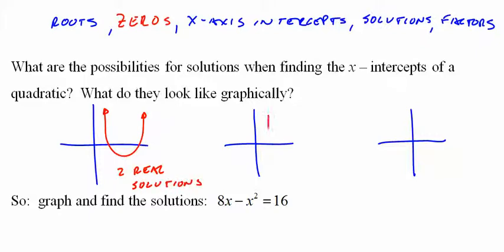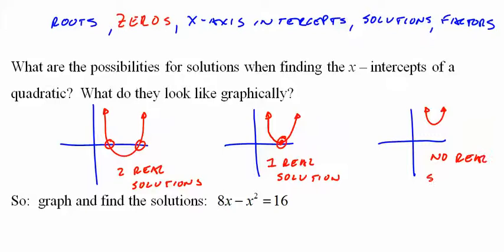It could hit once where it just barely touches, and have what we call one real solution. And it could not hit at all, and have what we call no real solutions. So lots of options here.